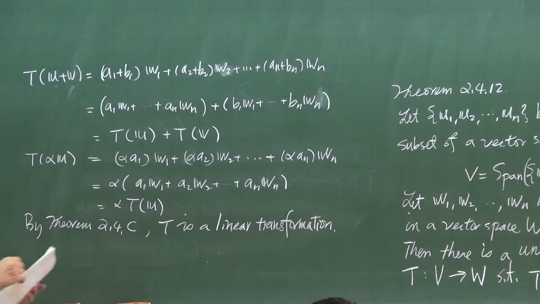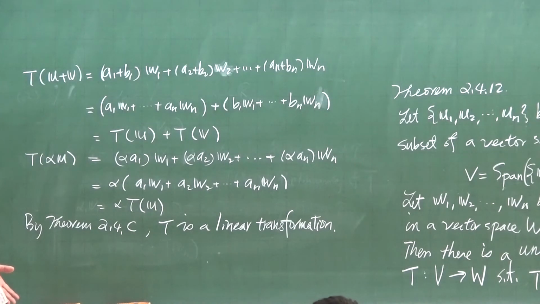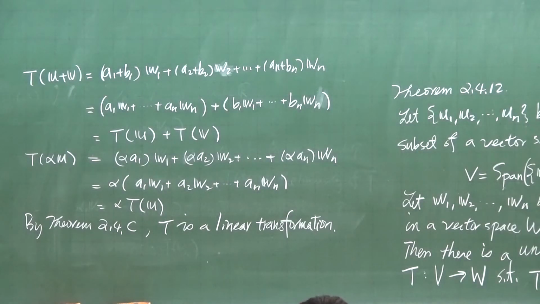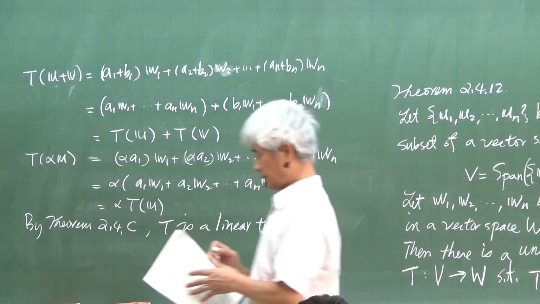Now the existence of a linear transformation with this property is justified by the construction. So the final thing is to prove the uniqueness.